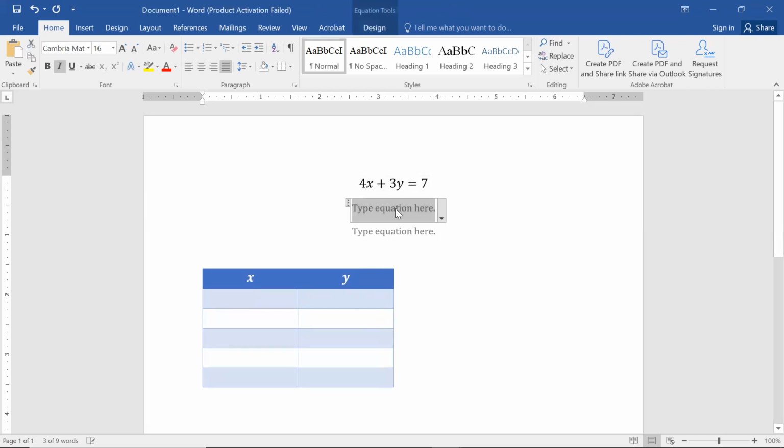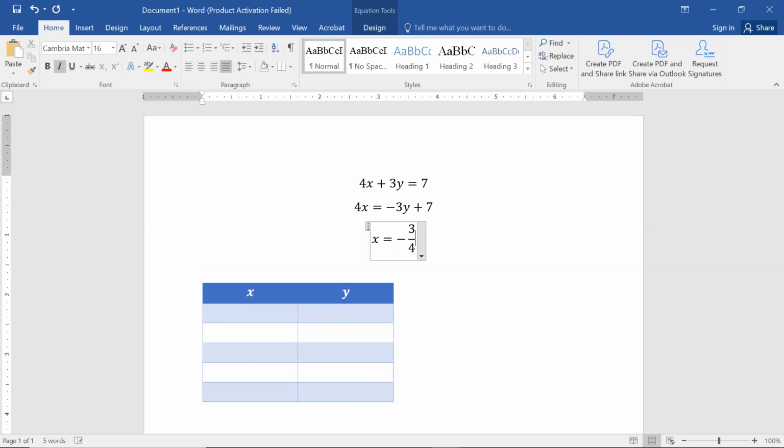If I solve for x, I would subtract 3y from both sides, giving me 4x equals negative 3y plus 7. And if we divided both sides by 4, I'd get x equals negative 3/4 times y plus 7 over 4.